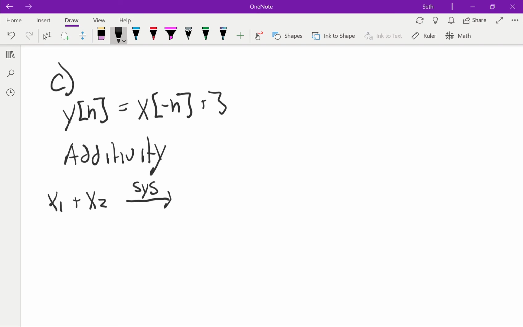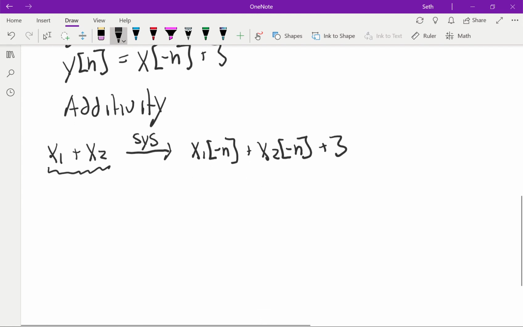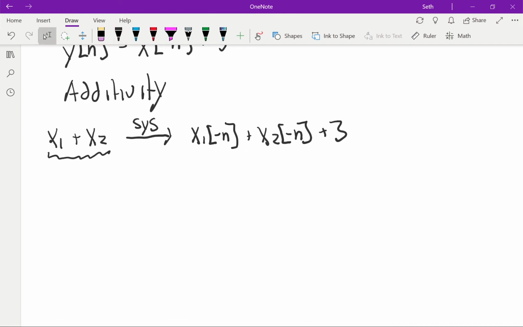If that's true, it obeys the law of additivity. So from here we're going to get just x1 of minus n plus x2 of minus n plus 3, and it's just one plus 3, because we're adding 3 to the input signal, in which case the input signal was the summation of those two.